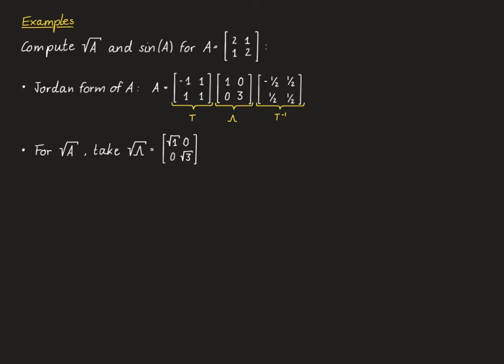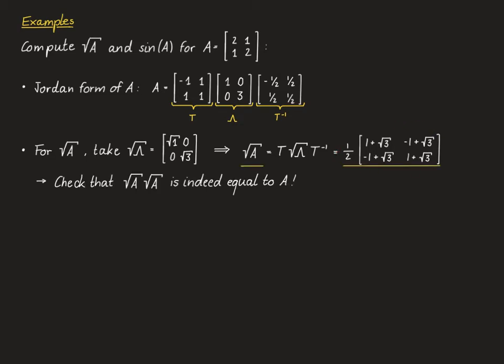So this is equal to the diagonal matrix with the entries square root of 1 and square root of 3 on the diagonal. Then we obtain the square root of A by multiplying the square root of Lambda on the left with T and on the right with T inverse, the result of which is shown here.